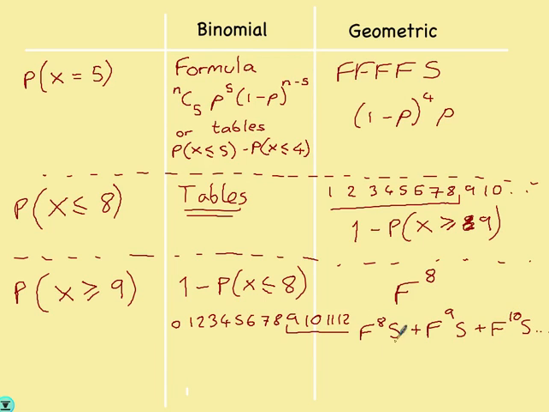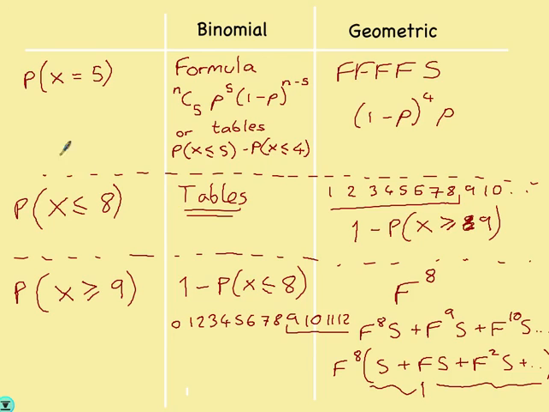Now, if I factorise out an f to the 8, you'll realise that I'm just going to be left with a success, a fail and success, and then everything else. Now, the probability of this happening here is 1. All this is guaranteed to happen. So that sequence adds up to 1. So the answer is f to the 8.